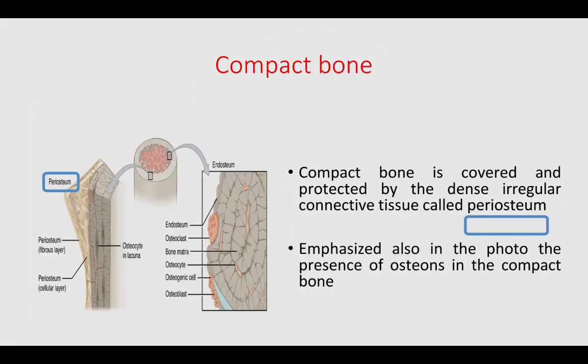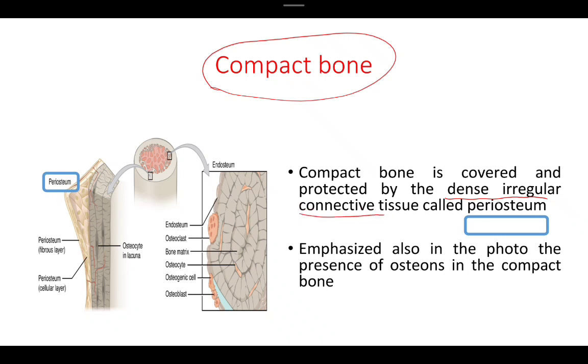Your compact bone is covered by and protected by a dense irregular connective tissue. So despite the compact bone being hard, it is still covered by a connective tissue. To be precise, a dense irregular connective tissue called periosteum. This one is the periosteum.